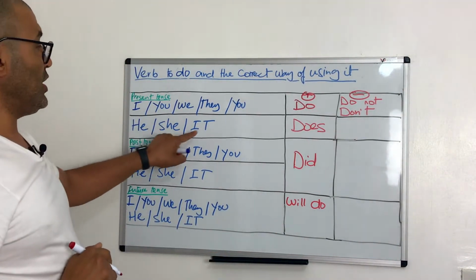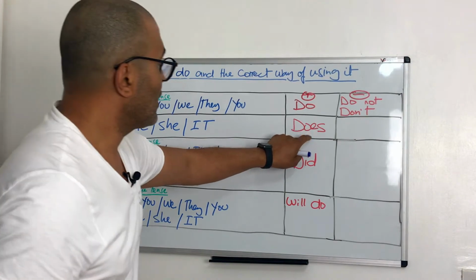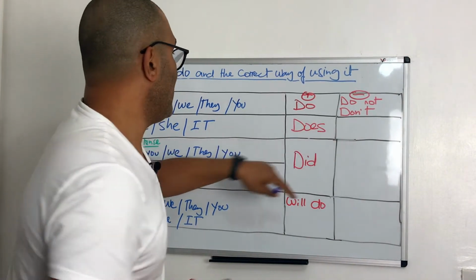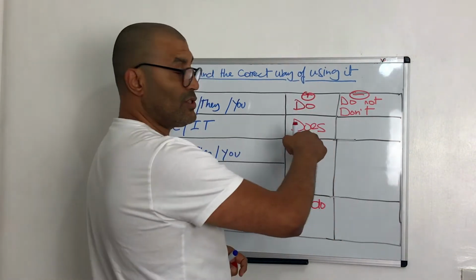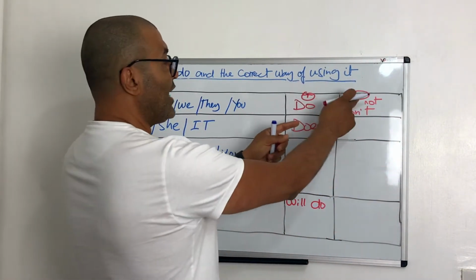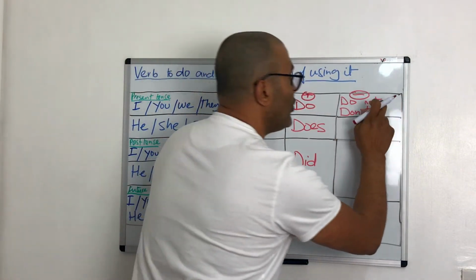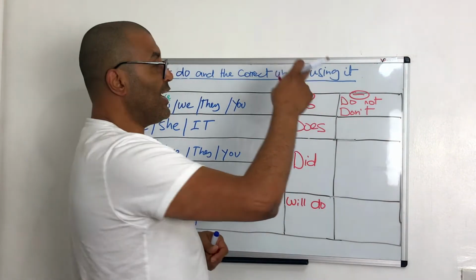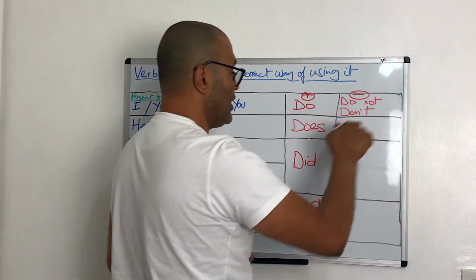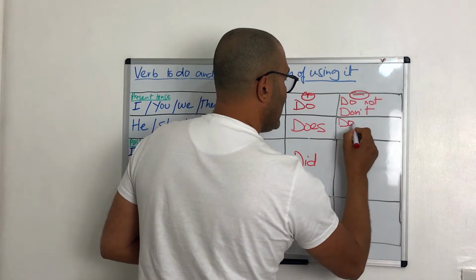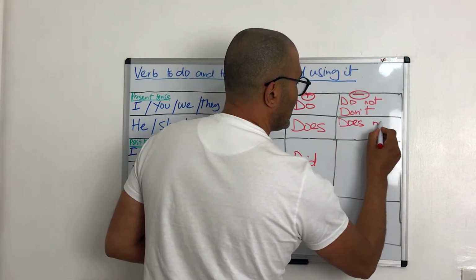He, she, it. So we got does in the negative way. What do we use? Does not. In the negative way we add not. So does, he, she does not.